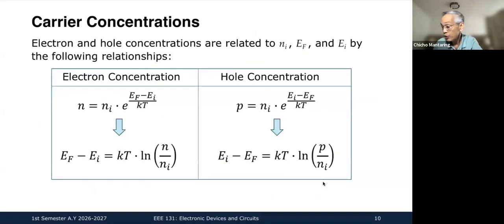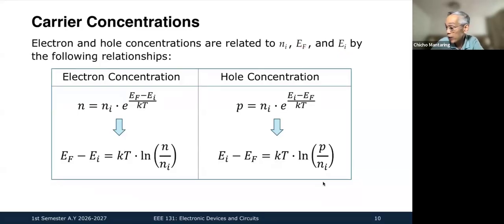Okay. So these are equations that you can use to relate concentration, intrinsic concentration, Fermi level, and intrinsic Fermi level. By having said that, I am implying that sometimes E of F is not equal to E of I. And in fact, that happens when your semiconductor is not intrinsic.